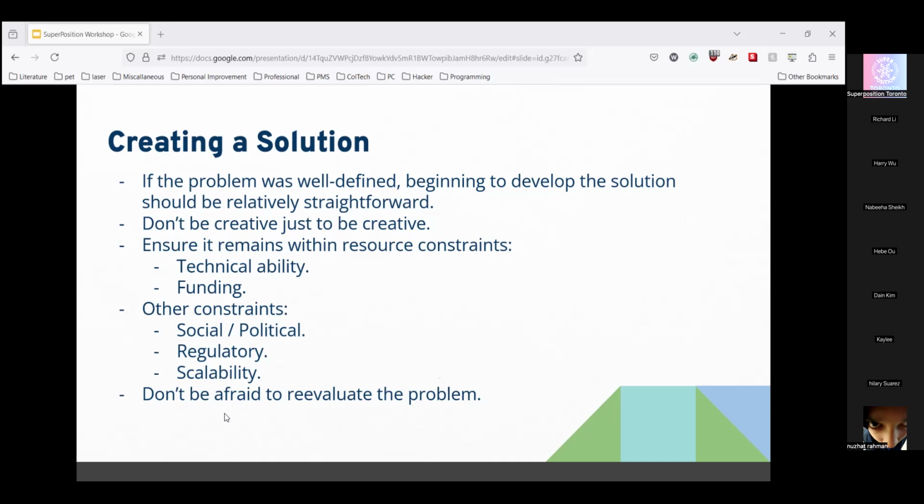There's a reason that existing products are not designed that way, even if you don't know it. But maybe there is a justification you can use. Just be careful about being creative. Don't go overboard. When you're developing your solution, you shouldn't be afraid to reevaluate, return to any previous steps, or even switch off the problem entirely if you realize that it's not feasible.